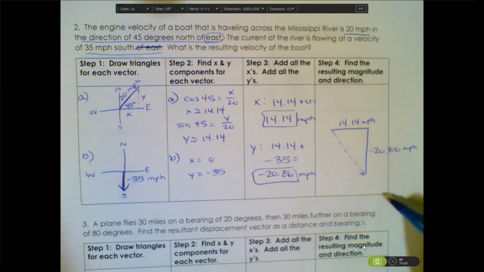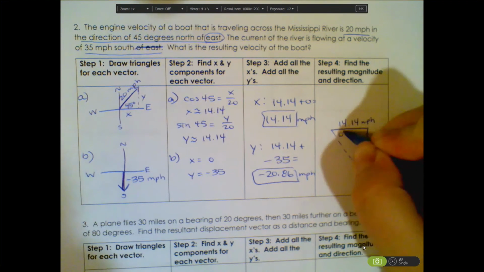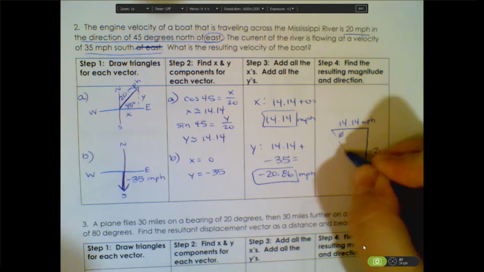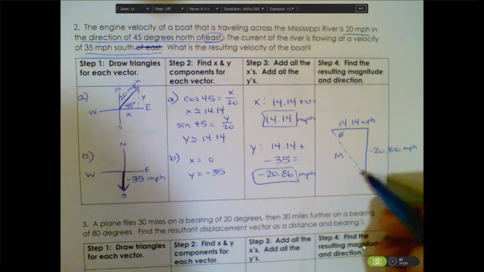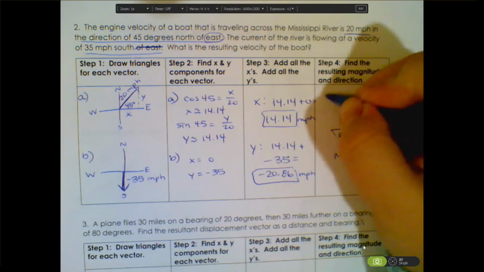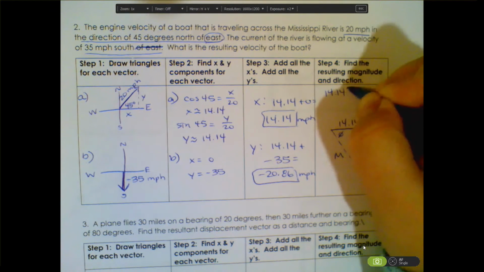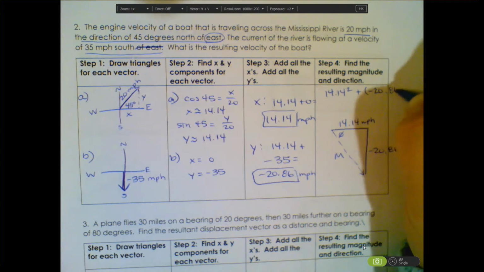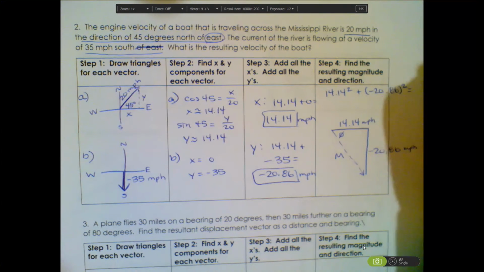This is just a rough sketch. I need to find my angle measure here, and I need to find my magnitude. I guess I'll call it M this time. So in order to find the magnitude, I can do Pythagorean theorem, 14.14 squared plus negative 20.86 squared equals M squared.